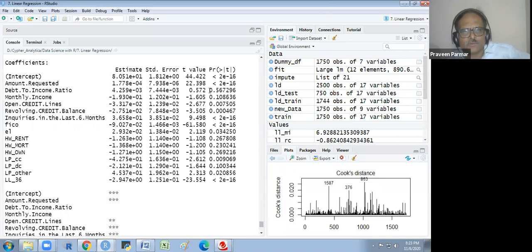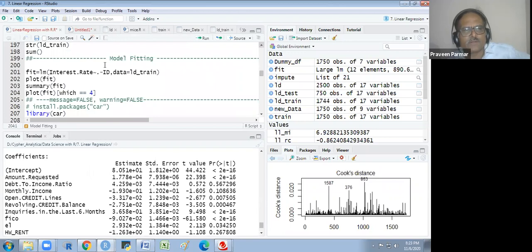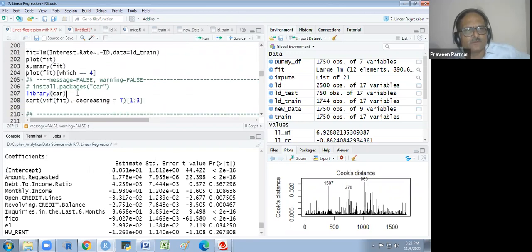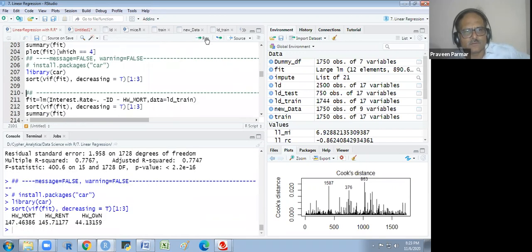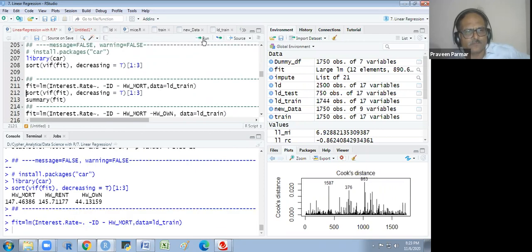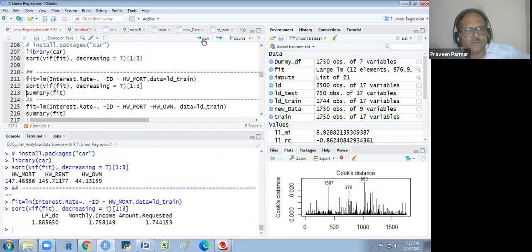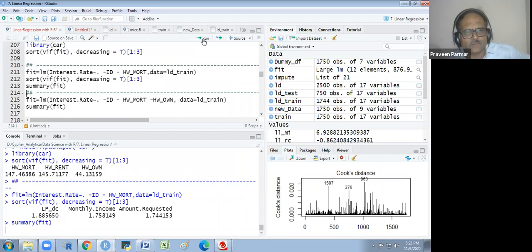The debt to income ratio, first we use the VIF. Okay. So I run the VIF and I got house mortgage, correct? And then I see the summary.